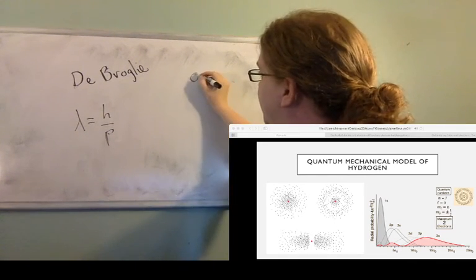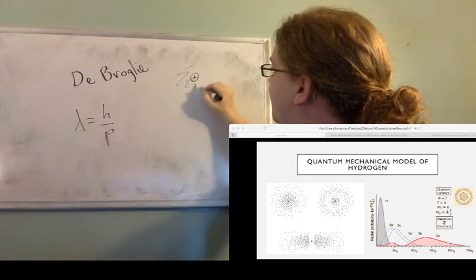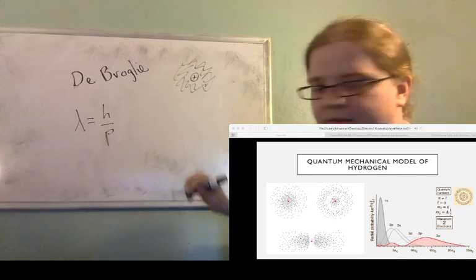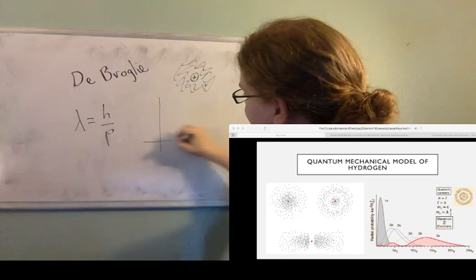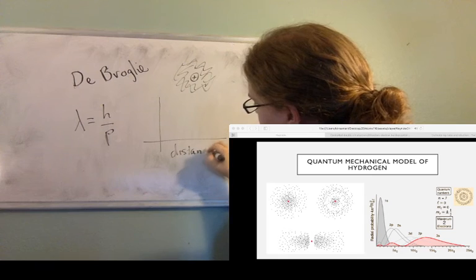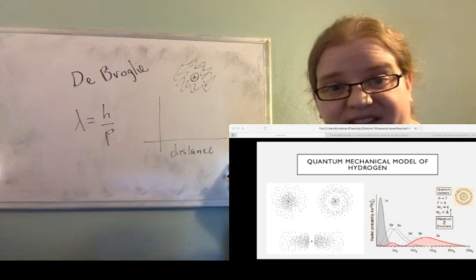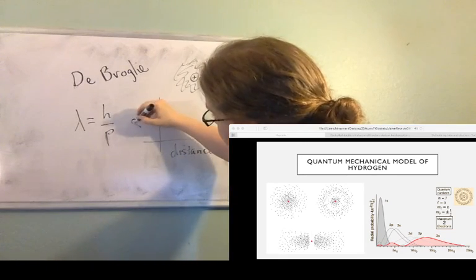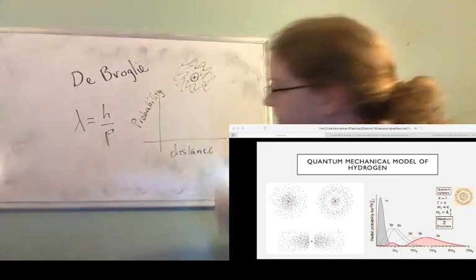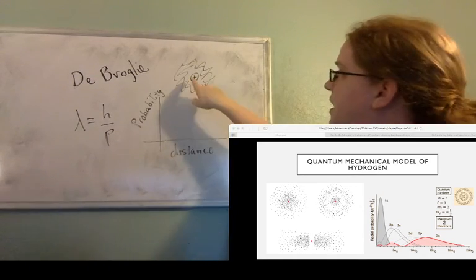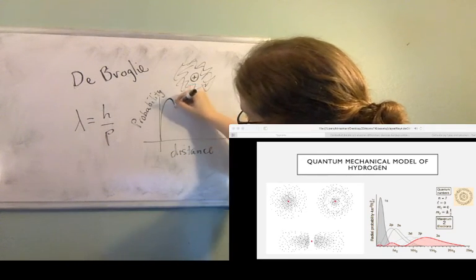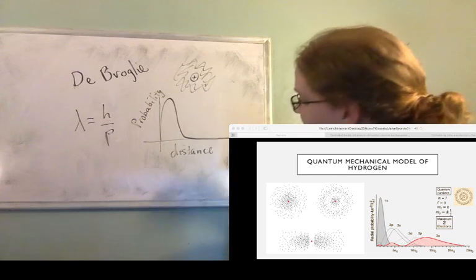So for the ground state, we have our positive in the middle, and then we're most likely to find it somewhere around there, right? So what this graph shows is this is distance from center, and this is probability. And so for this one, we are most likely to find it near the center, so we have a big probability and then it dies off.